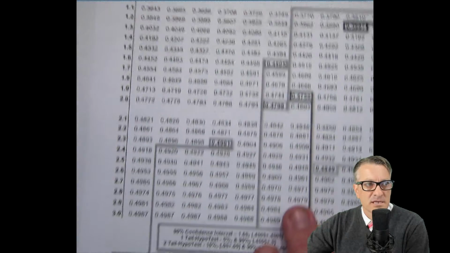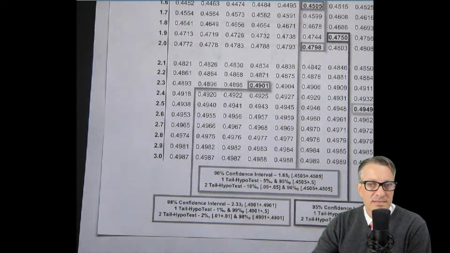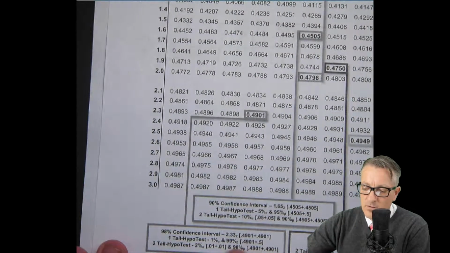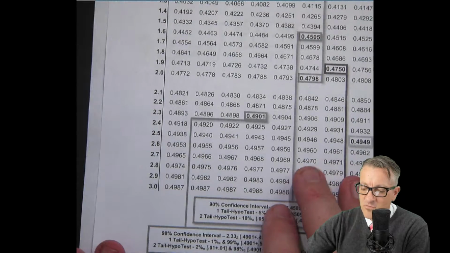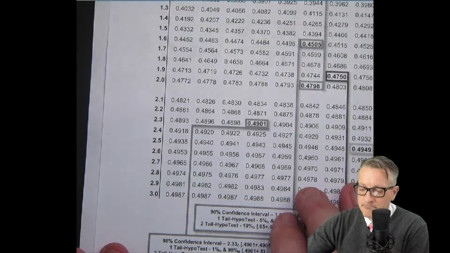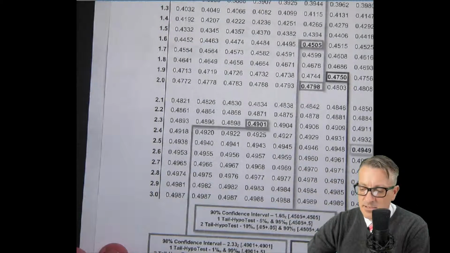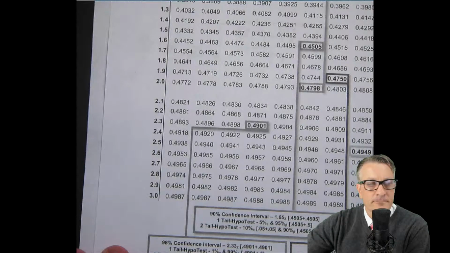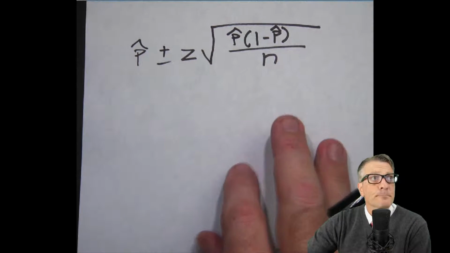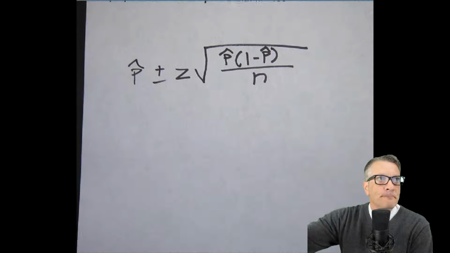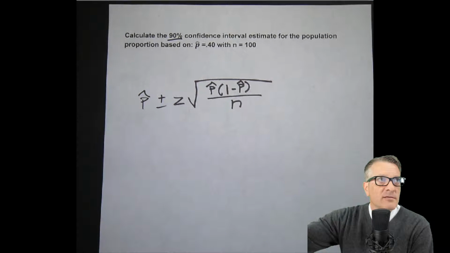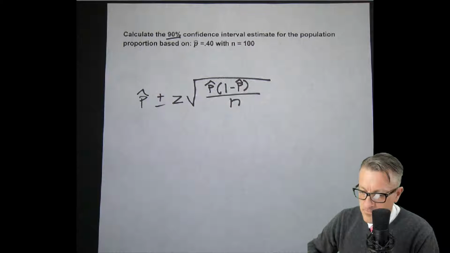When we do hypothesis testing, we end up looking for the tails, and so for 90%, it's a different figure. Okay, so it is 1.65. I'm going to back this out a little bit.